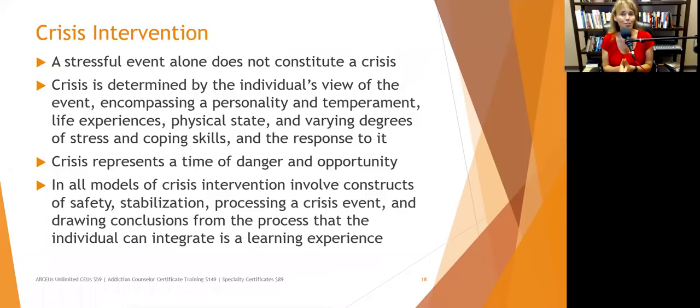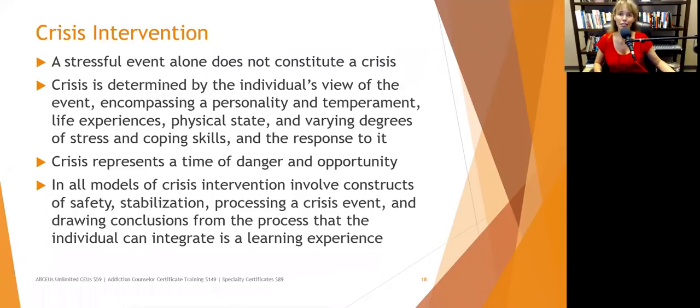So it's an opportunity for them to get motivated to make certain changes in their life that maybe they weren't motivated to make before. All models of crisis intervention involve making sure the person is safe, stabilized, helps them process the crisis event, and encourages them to draw conclusions from the process that they can integrate into their life as a learning experience.